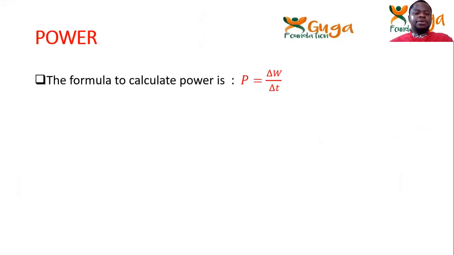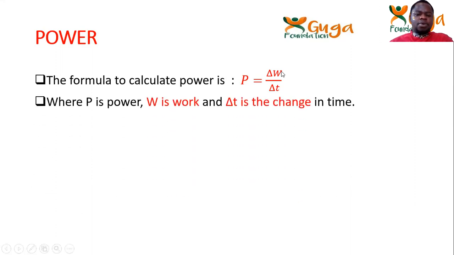Continuing with the formula to calculate power: power is the change in work over the change in time, because we said it is the rate at which the work is done, dividing by time, or how fast or slow the energy can be transferred. Here the work can be energy transferred.